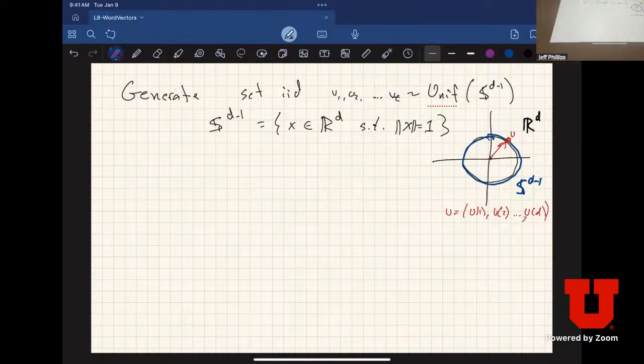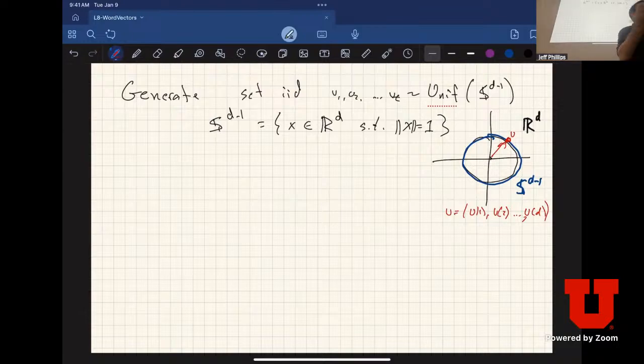So I can represent it as this d-dimensional array, or I can think of it as this vector in the space. Then you can think of it as a vector from the origin, and it always lies on this perfect ball of radius 1. So I want to generate vectors from this space. This will be a really important operation, and you'll have to do it on your homework.